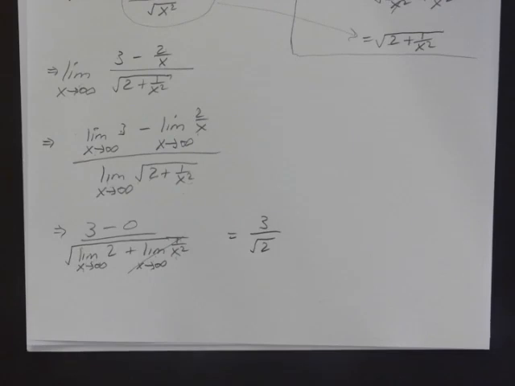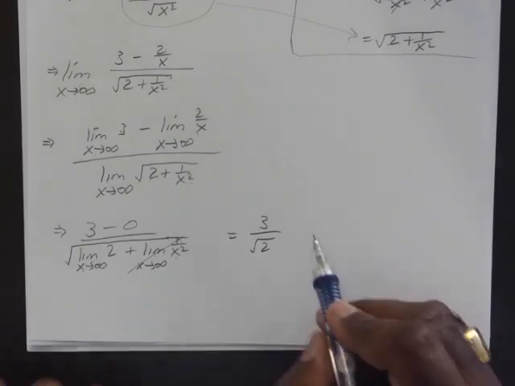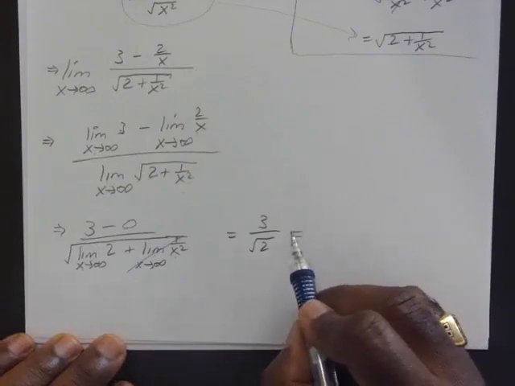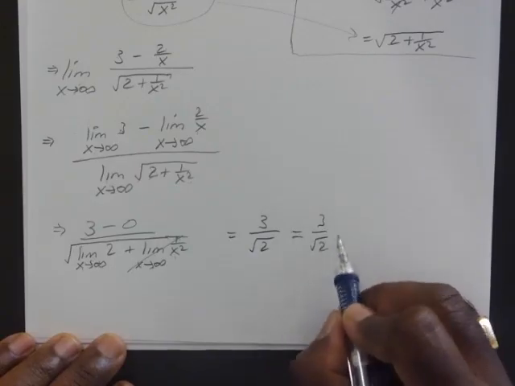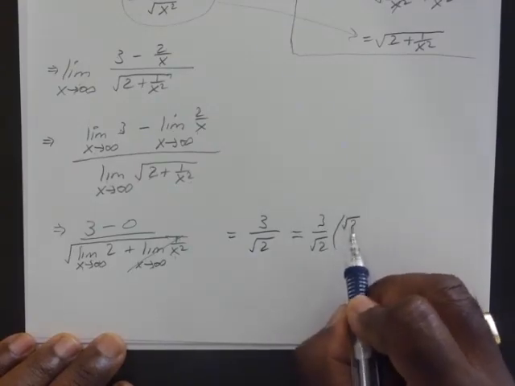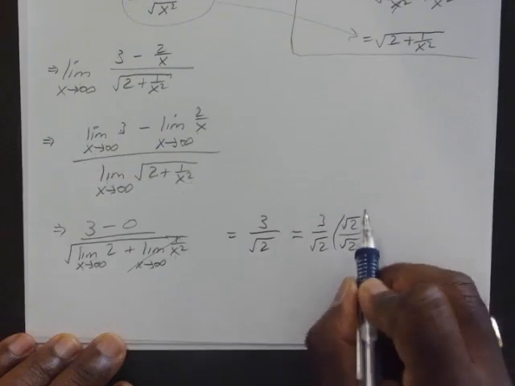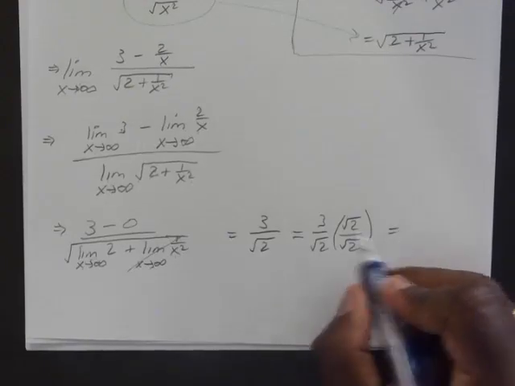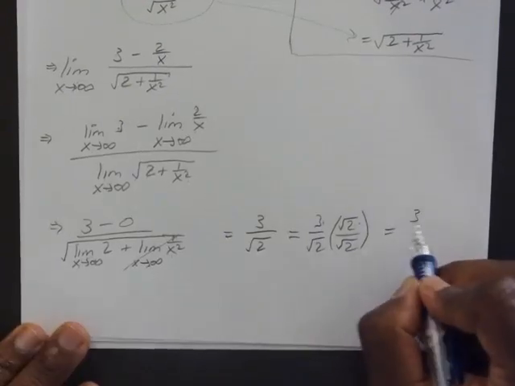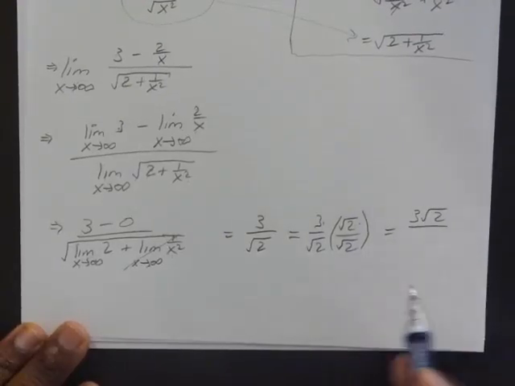Now, they may want you to rationalize your solution, which means not have any square roots in the denominator. So what we're going to do is take that and multiply it by square root of 2 over square root of 2. Okay, so 3 times square root of 2 is just 3 square root of 2.